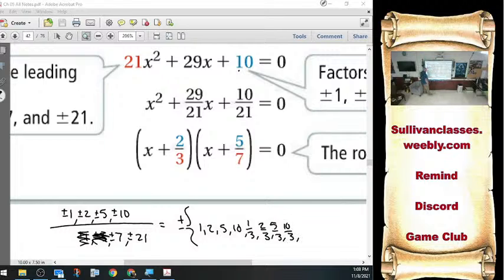But then, all this over 7. But then all this over 21. Plus or minus all this stuff.